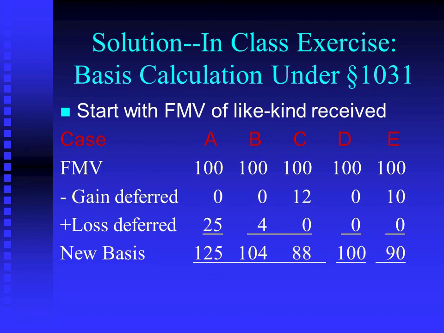So you can see our answers for our new basis, right? 125, 104, 88, 190. So what I am expecting on your last mini quiz is that you can calculate the gain or loss realized, the gain recognized, the gain deferred, and then be able to do the basis adjustment.